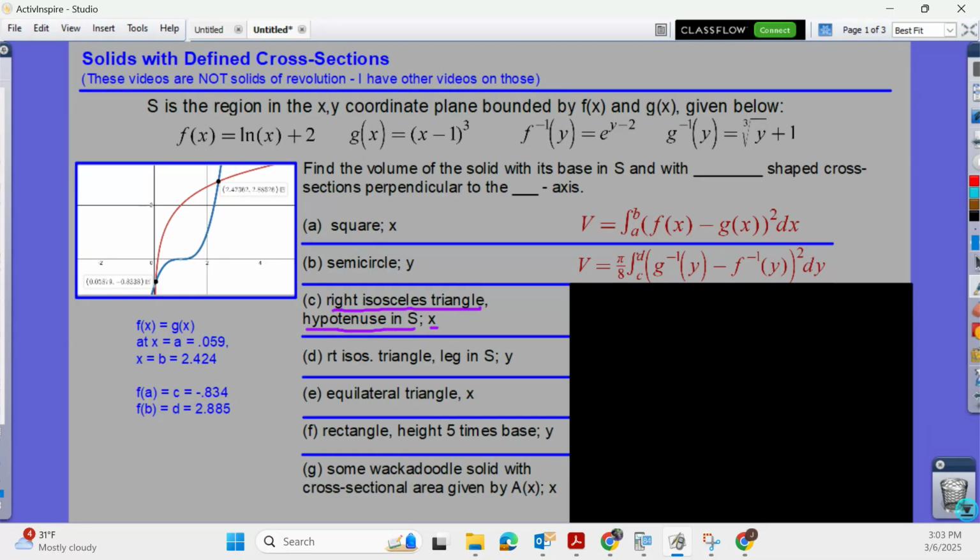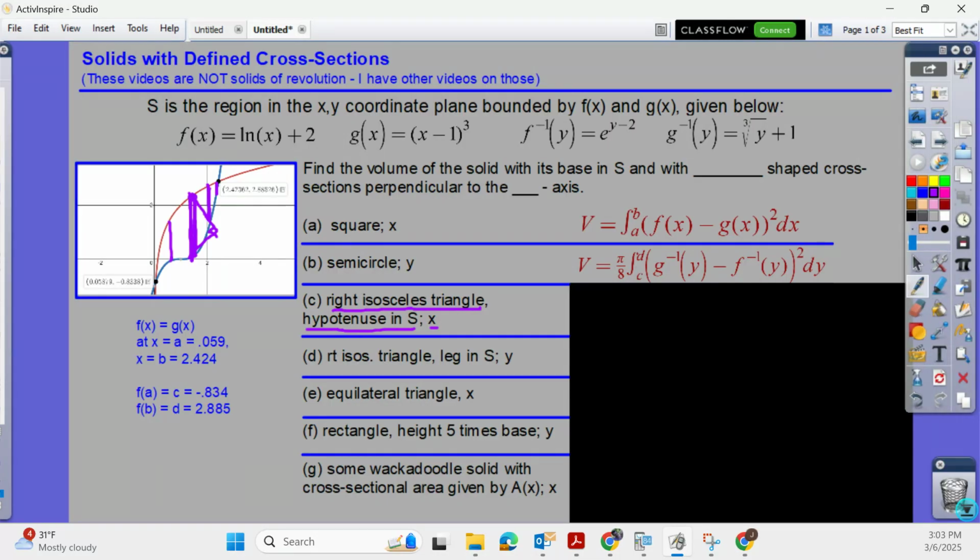So perpendicular to the x-axis means going this way, and the hypotenuse in this region S means that that purple line I just drew, as well as this one, and this little one up here, and this one over here, those are all the hypotenuse of a right isosceles triangle. And the rest of that triangle is coming out of the board with the right angle vertex at the top. Now again, my drawing's in 2D, and these active board markers are not super great.